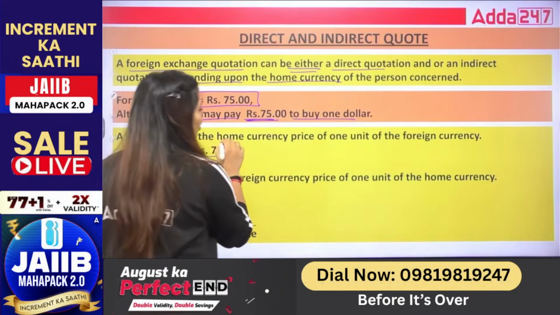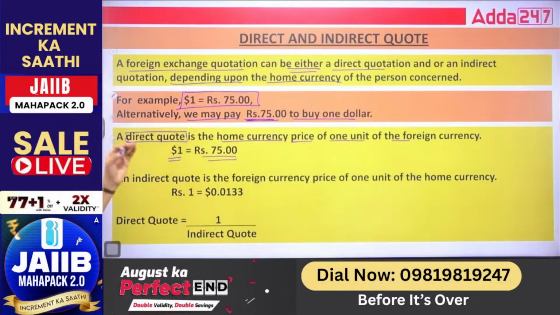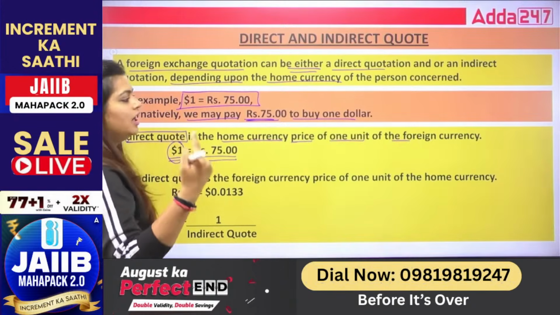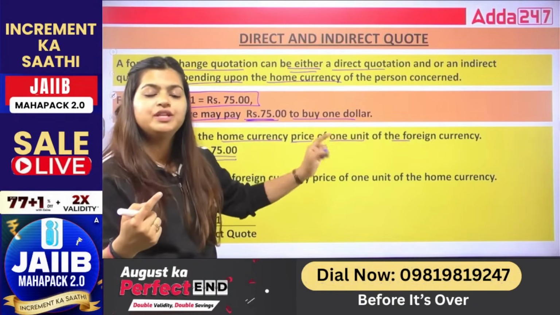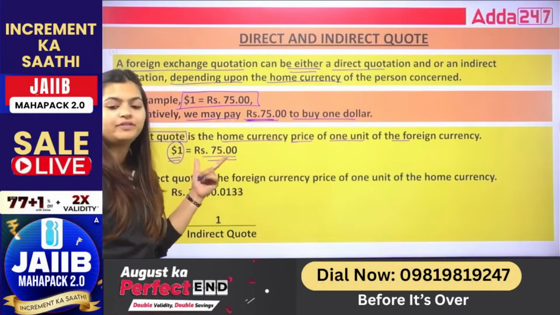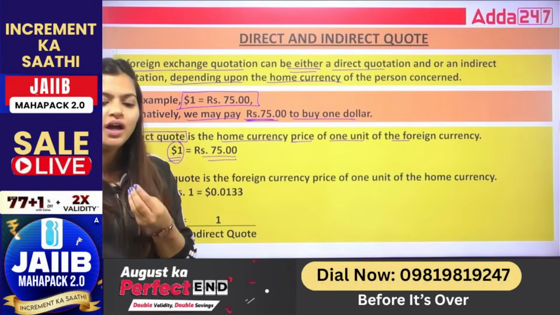A direct quote is the home currency price of 1 unit of the foreign currency. When you take 1 unit of foreign currency and express it in our home currency, that is a direct quote. We all are in India.